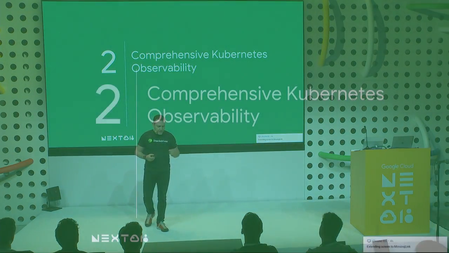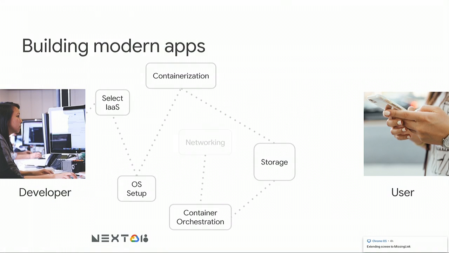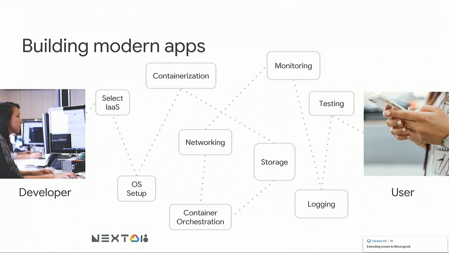So let's go now briefly into our monitoring offering today, the Kubernetes monitoring solution. And building modern apps is quite different from what it used to be in the past. Today, many of you raised your hand saying you're a developer. And I wish most of you could just focus on building code.